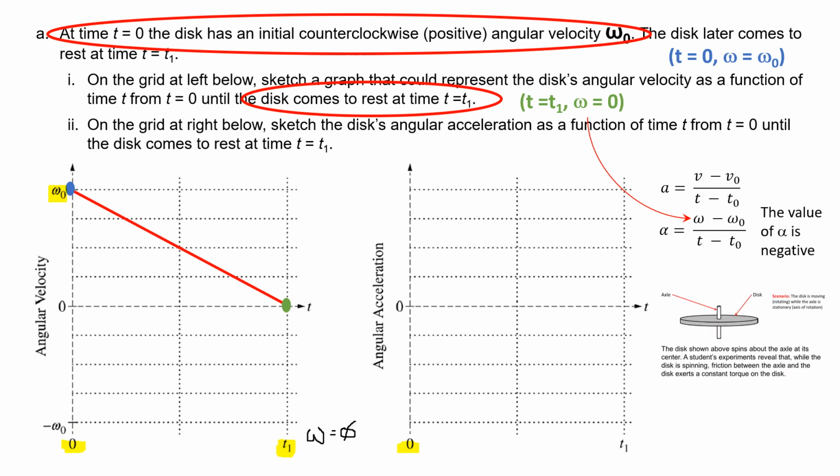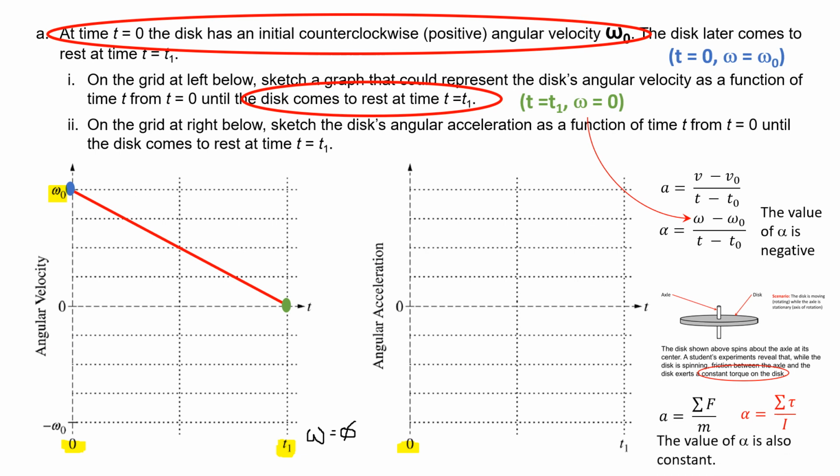If we go back to our question, it says constant torque. What does constant torque mean? By Newton's second law of motion, acceleration is equal to the net force divided by the mass. We can associate this with rotational acceleration alpha, but instead of force we use torque, and instead of mass we use moment of inertia, or rotational inertia.